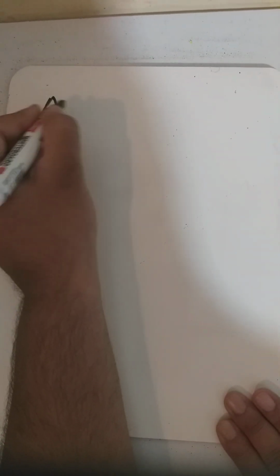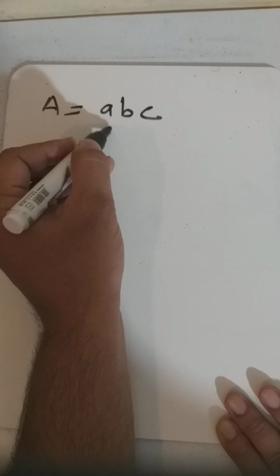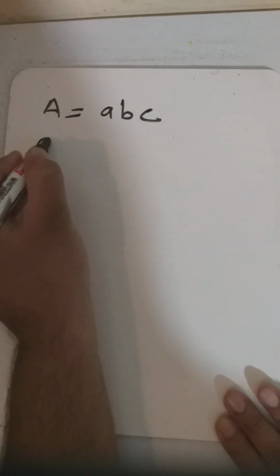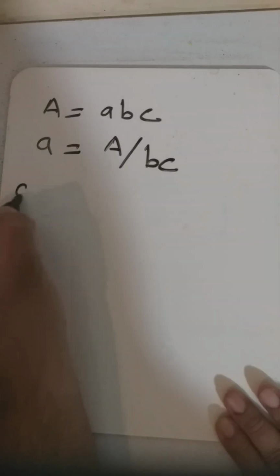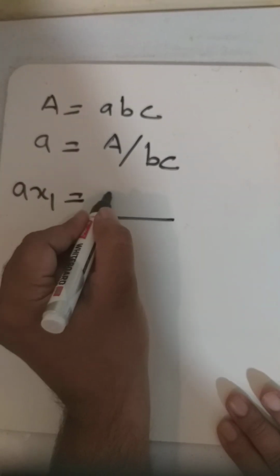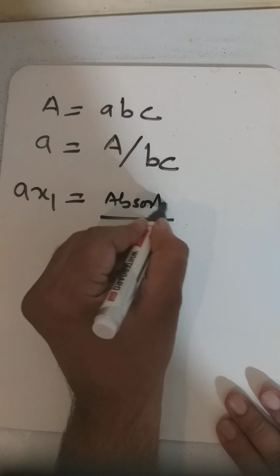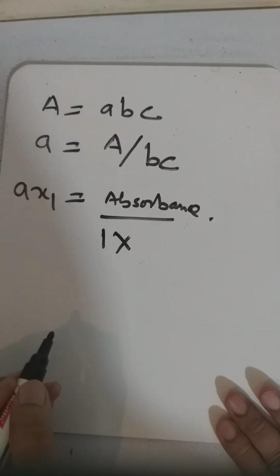Now Beer-Lambert law: A = εbc. Epsilon, don't get confused, is the molar absorptivity. So molar absorptivity is equal to A/bc. Here you have to find out AX1. Above would be the absorbance you have got, path length would be 1, and then the concentration of the solution is 10 microgram per ml.